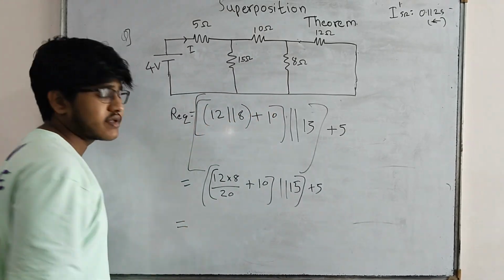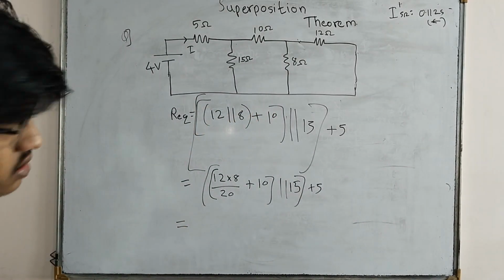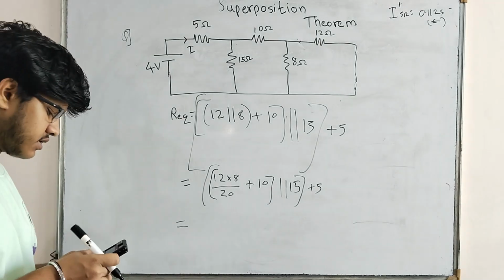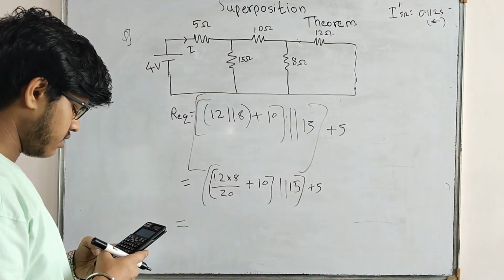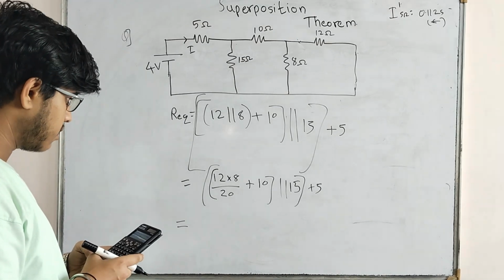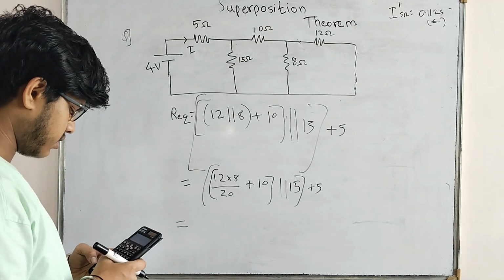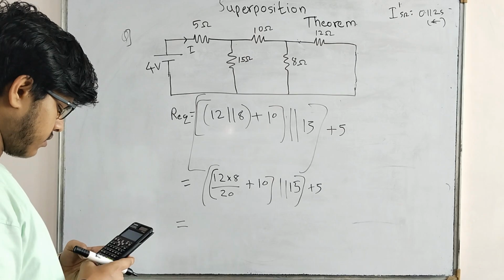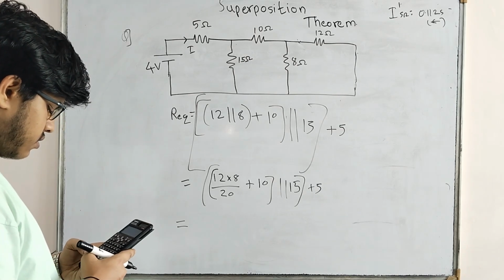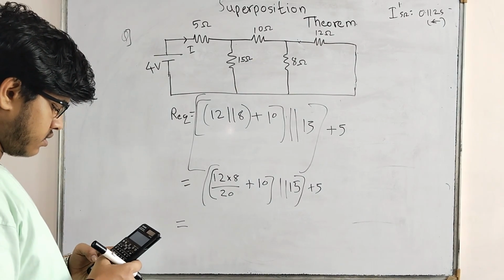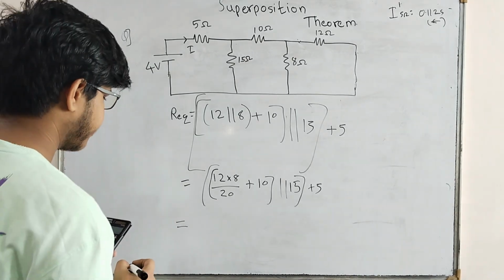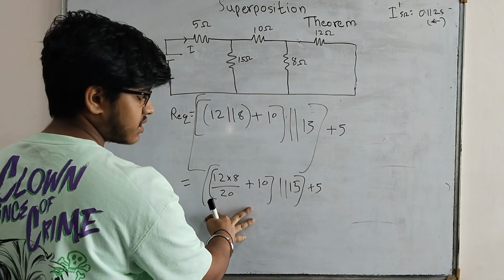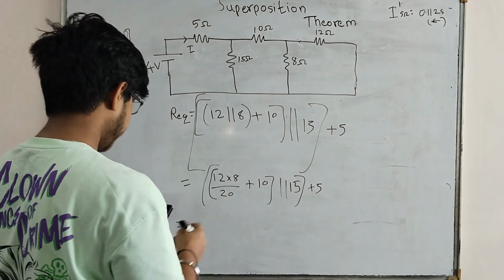I will just write the direct answer. 12 into 8 divided by 20 plus 10. What is my answer? 14.8. So this answer turns out to be 14.8.